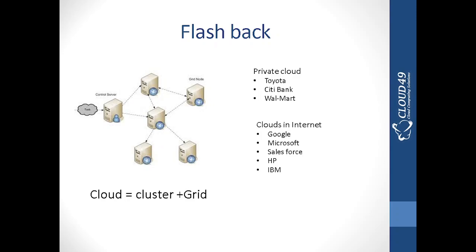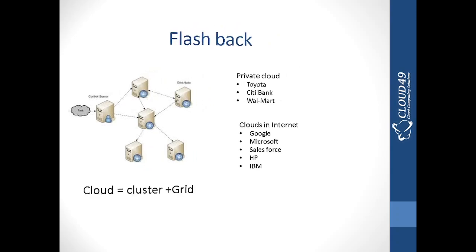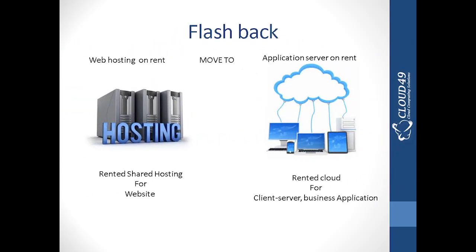In simple terms, if anybody asks you what is cloud, you will say the cloud is equal to cluster plus grid. A clustered network and a grid network, the combination of these networks is called a cloud network. Web hosting, I have given you an idea about that, where people give free space to the users for a website.